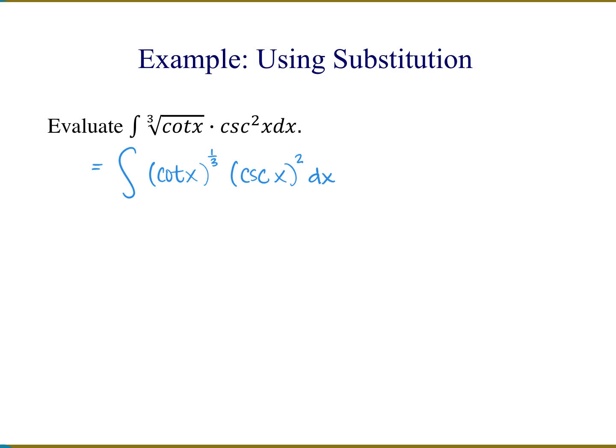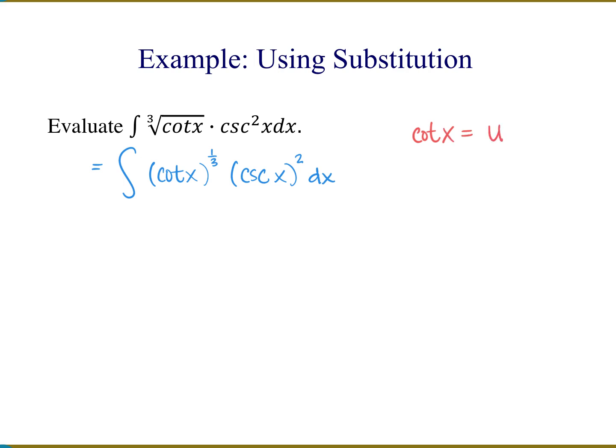Powers aside, not looking at the powers at all, like cotangent and cosecant, you have to think about who is the derivative of the other. Cotangent, what's its derivative? Cosecant squared. Cosecant, what's its derivative? Both a cosecant and a cotangent. So I want the one whose entire derivative is represented here. So I'm going to choose cotangent as my u. Cotangent of x.